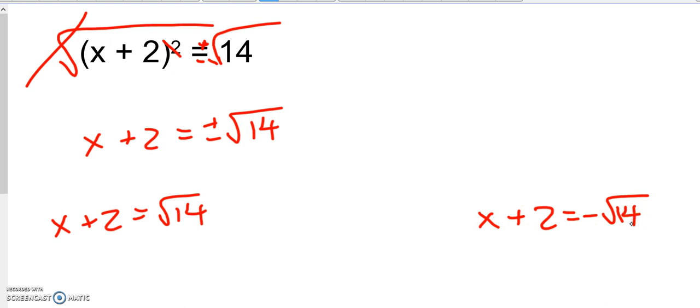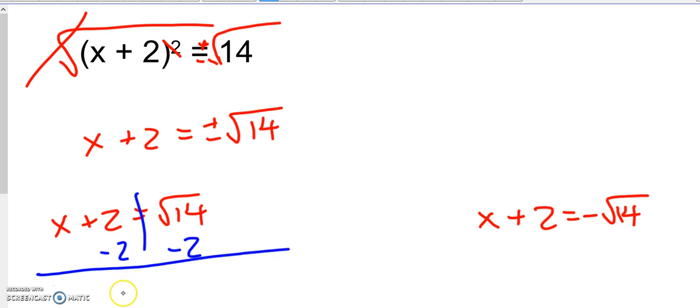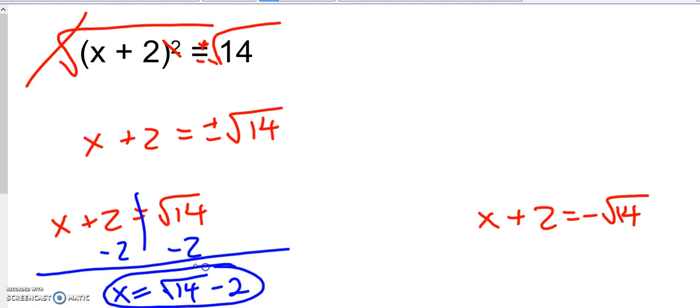You could get a decimal and approximate this, but if you're looking in a textbook or want the most accurate answer, basically how you're going to leave this is x equals square root of 14 minus 2. You're just going to leave it like that. You could get the approximation, but this is the most accurate answer.